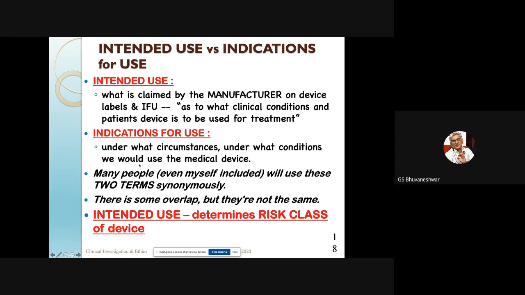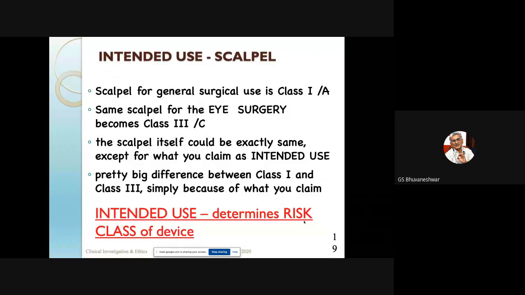So please remember again, let me emphasize, intended use will determine the risk class of the device, and the risk classification in turn will determine the type of clinical investigation or clinical study you will carry out. As I mentioned, a scalpel for general surgical use is a class 1 in Europe or a class A in India.